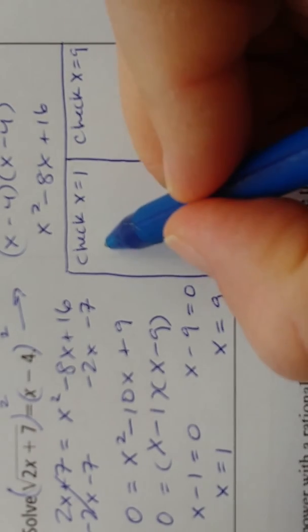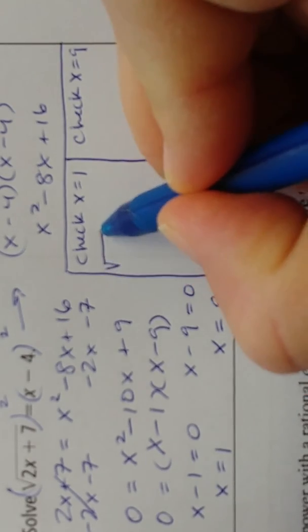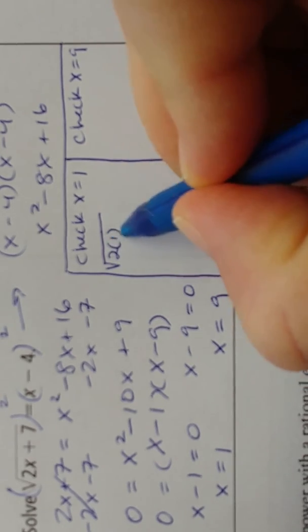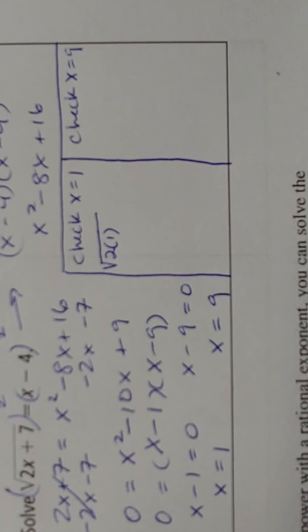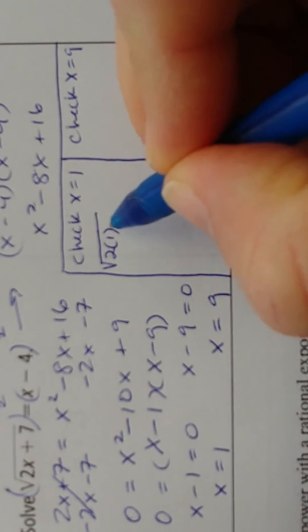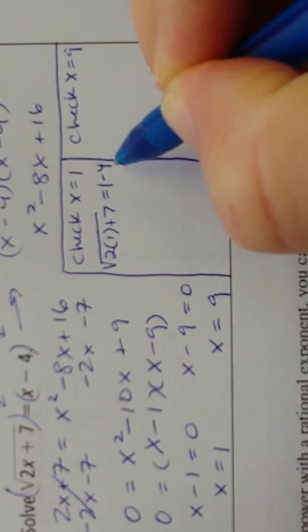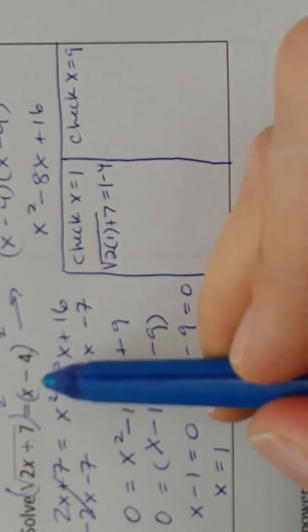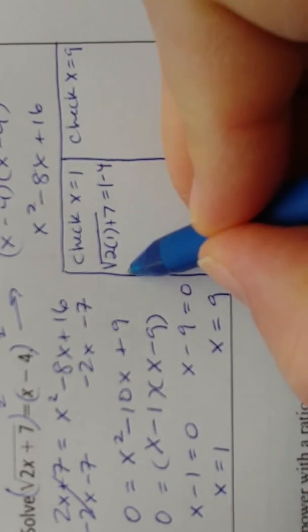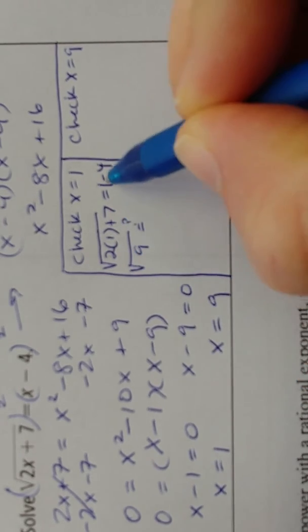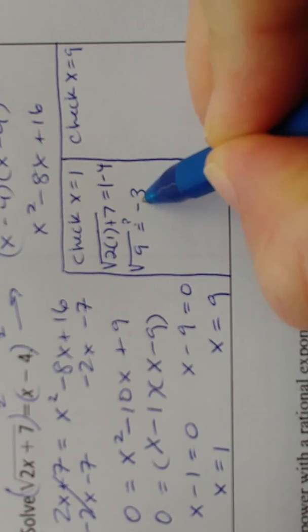So if I check x is 1, I'm going to rewrite this equation, replacing the x's with a 1. This gives me radical of 2 plus 7, which is 9. Does that equal 1 minus 4, which is negative 3?